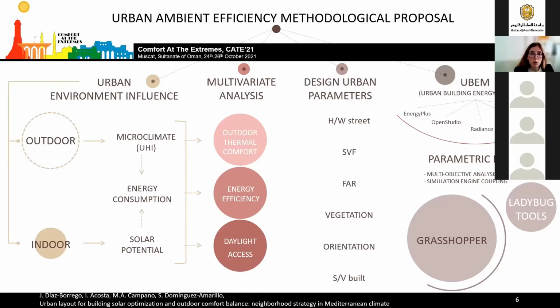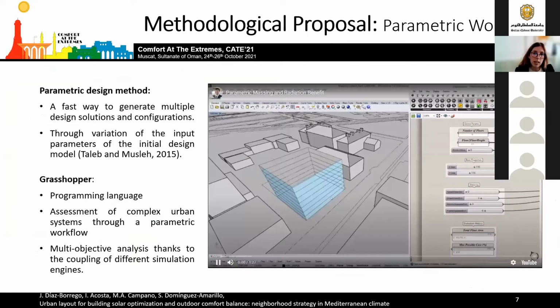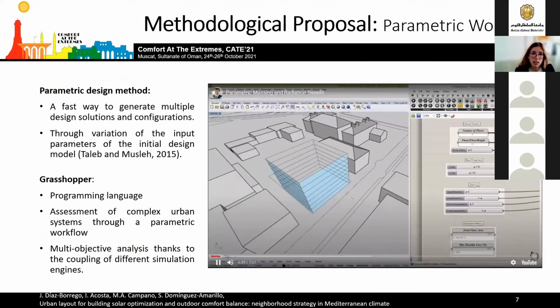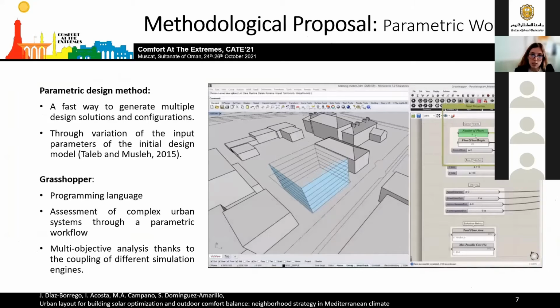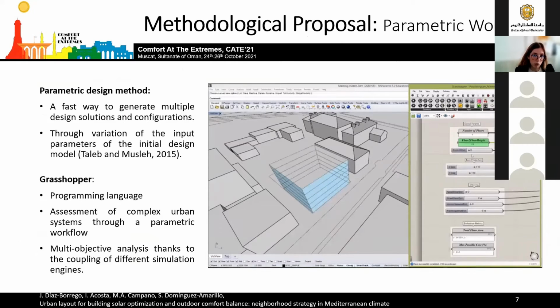For this purpose, the coupling of different simulation engines in urban building energy modeling for a multi-criteria analysis and optimization in a single calculation is needed. That's possible thanks to Grasshopper and Ladybug tools. Grasshopper is a visual programming language that allows the assessment of complex urban systems through a parametric workflow.